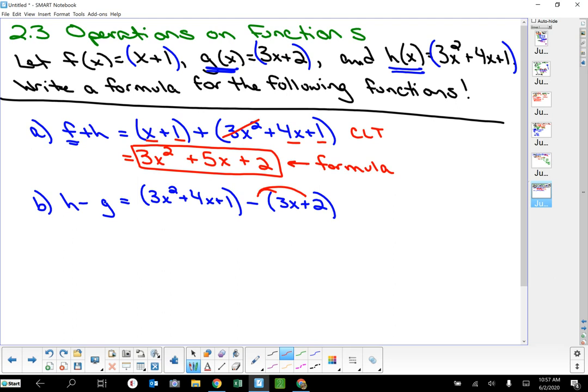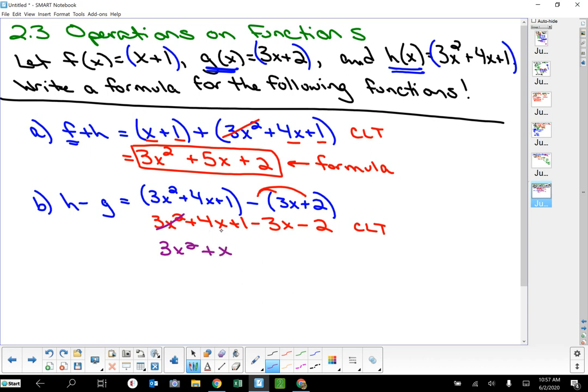If you don't put parentheses around that, your last term will be wrong every single time. So now just drop off your parens, minus 3x minus 2, and then combine like terms. And we're going to get 3x squared. 4x minus 3x is a 1x.